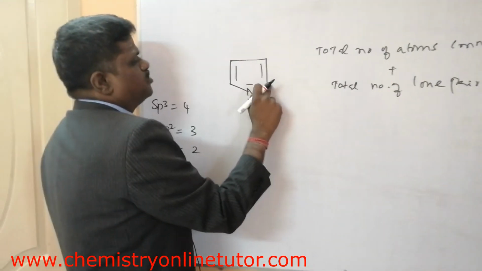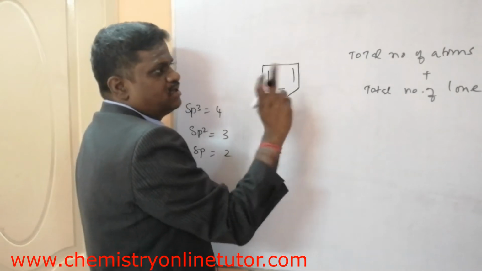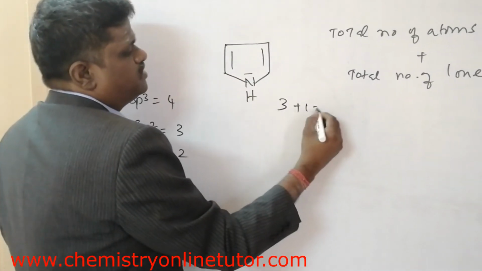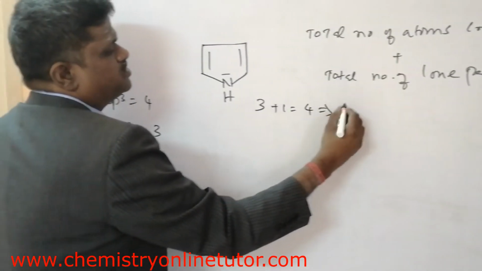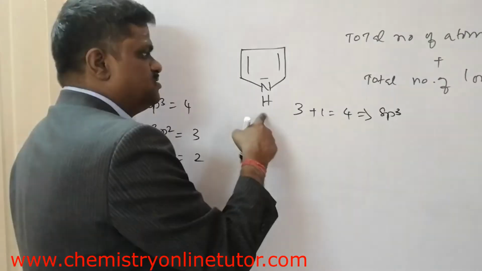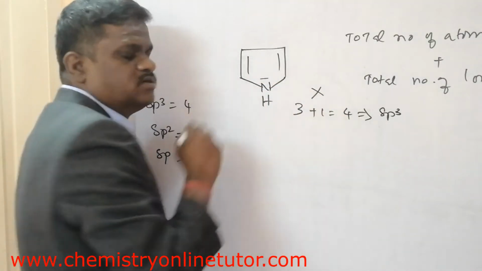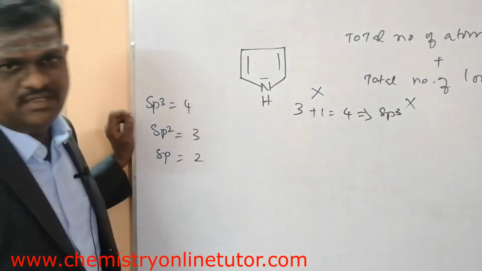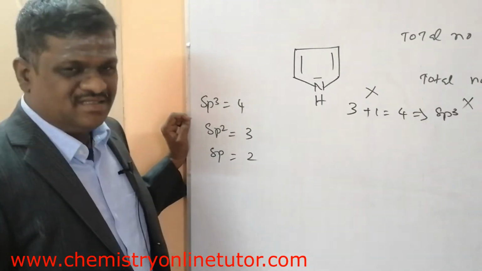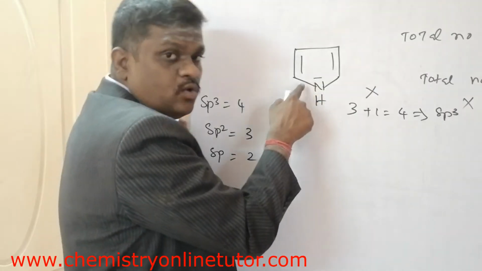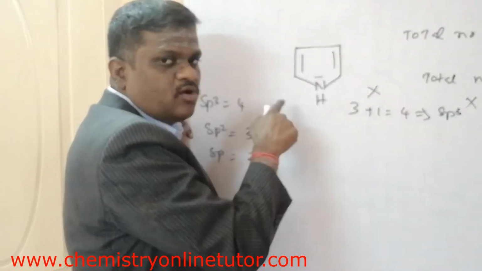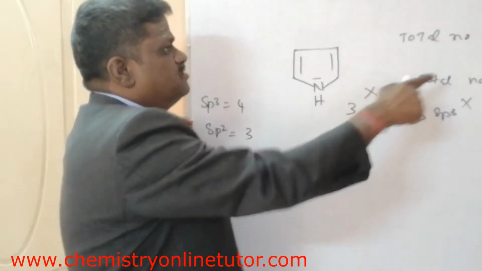Hydrogen 1, and 1 carbon and 2 carbon. So total 3 atoms plus 1 lone pair. That means it is 4, which gives sp3. But this is wrong. Then what makes it wrong? Here this is the exception. Whenever the lone pair electron is involved in the conjugation, it will not obey this rule.